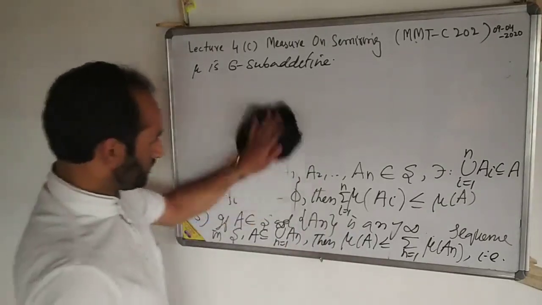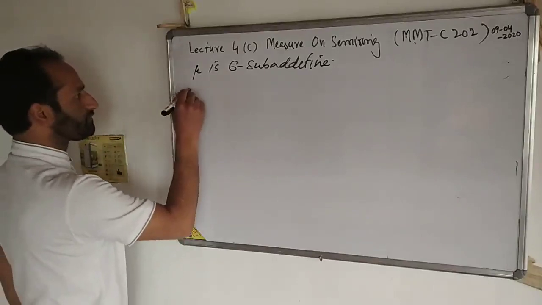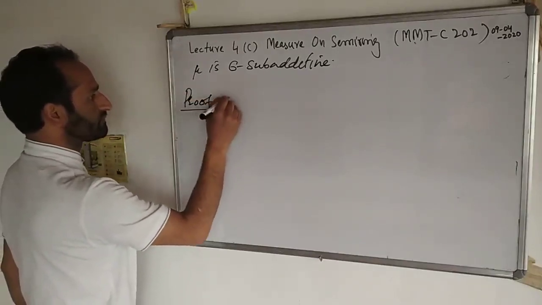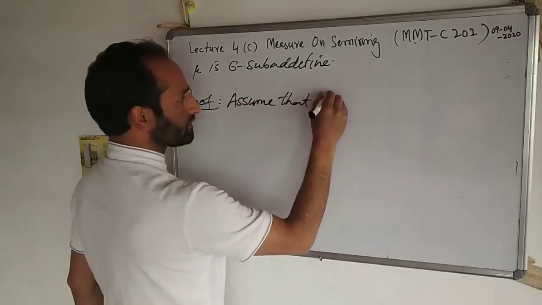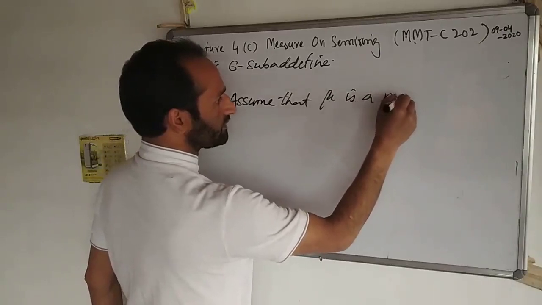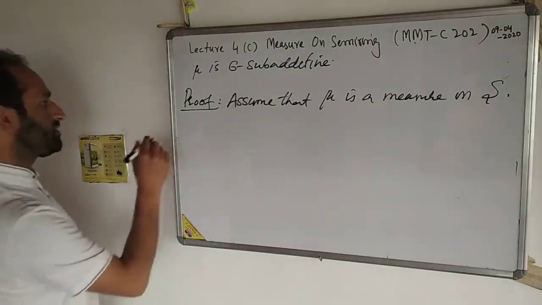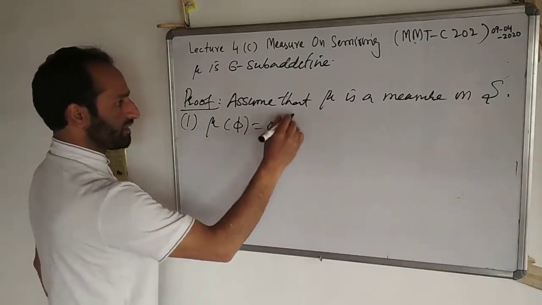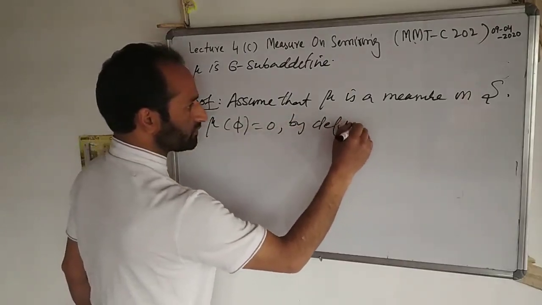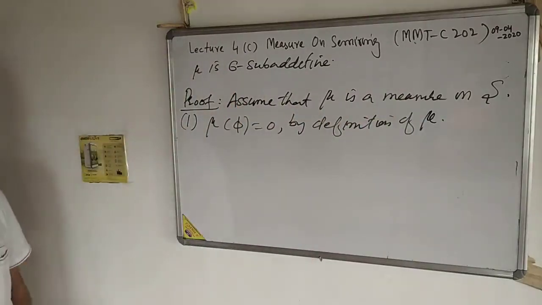Assume that mu is a measure on S. Our first property, that mu of phi is 0, is trivial. It is by definition: mu is a measure, so mu of phi is equal to 0.